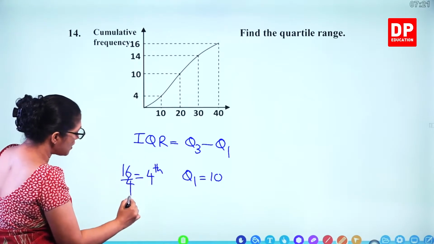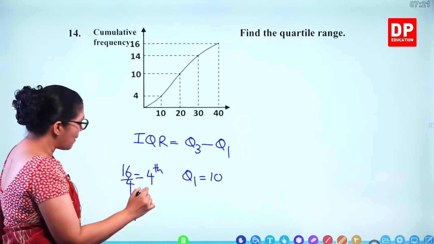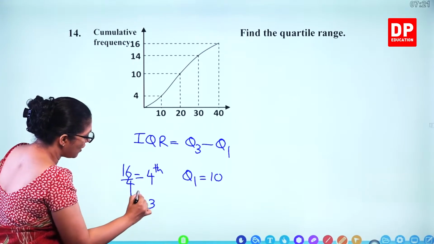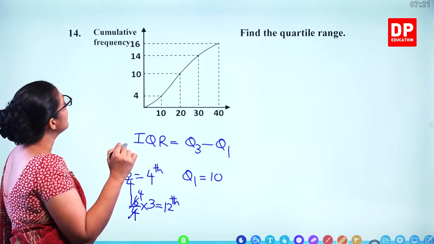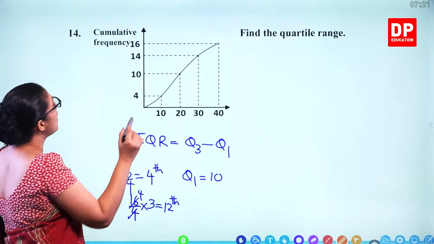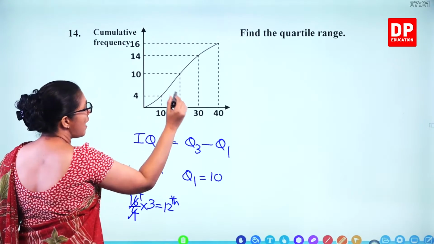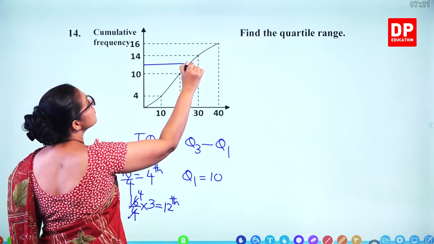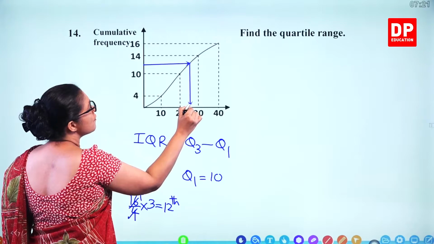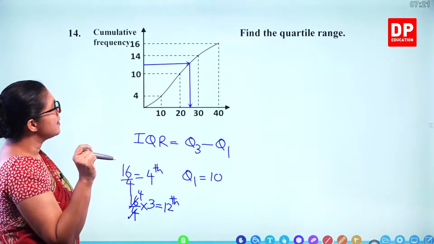What's the third quartile? 16 divided by 4 and multiply by 3. So you get the 12th one is the third quartile. So the 12th one is in between 10 and 14. So you have to refer here, 25, in between 20 and 30.